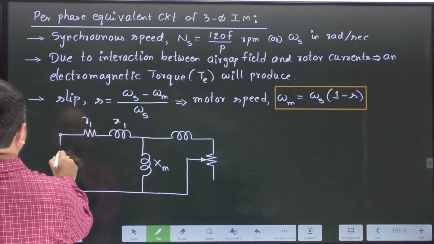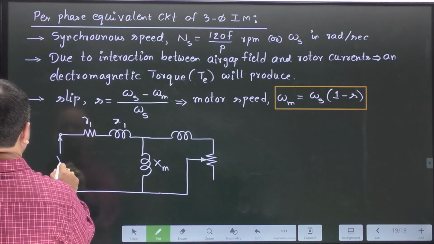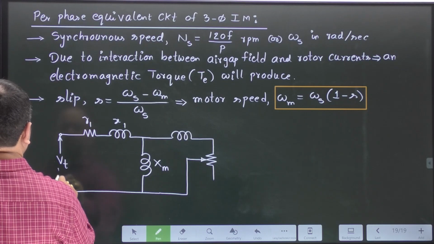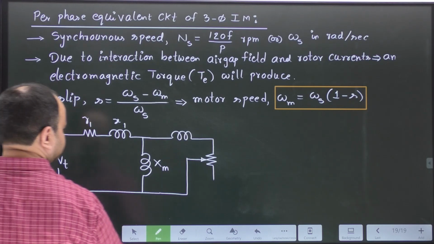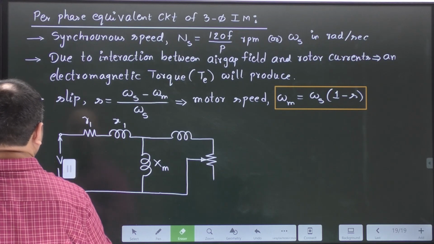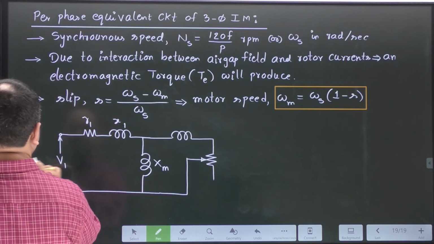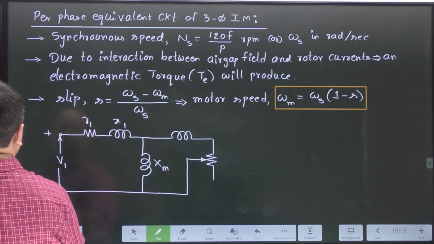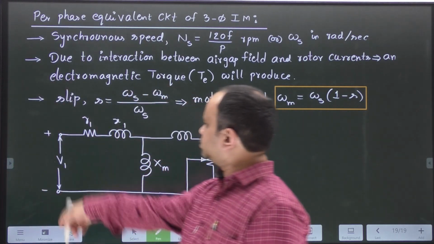Okay, so here terminal voltage, let me call it V1, stator side voltage. At one particular instant of time, those are the polarities.